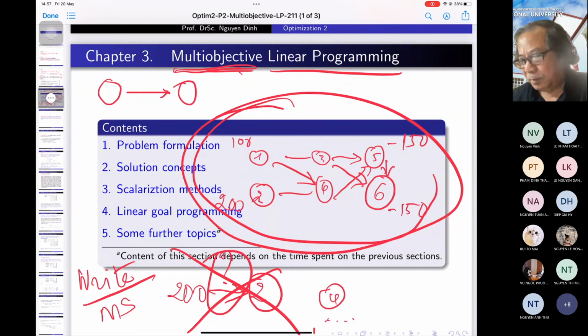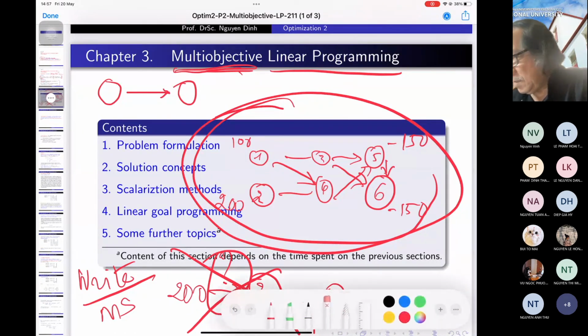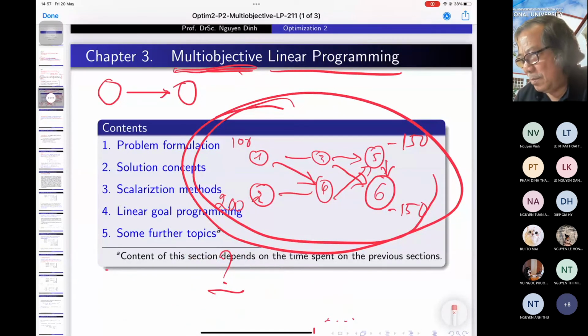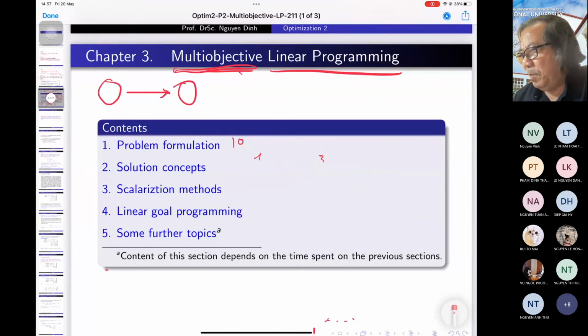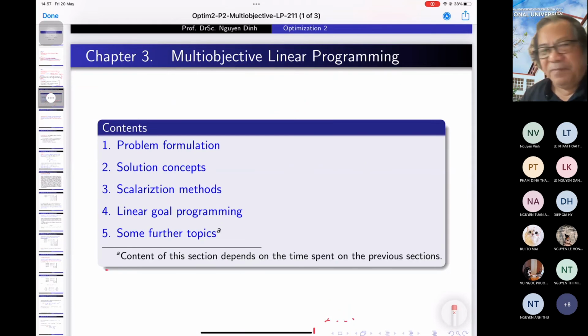So try it. It seems to me that you don't work together, or you spend very little time working together. If you work together, you will discuss and you will understand the problem very clearly.